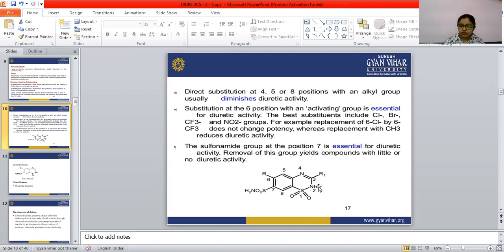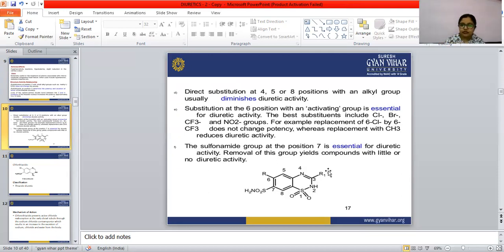If we are introducing a chloride group at the 6th position, that increases the activity. If you substitute any Cl group, Br group, CF3 group, or NO2 group, that increases the diuretic activity. But if we are substituting any methyl group, that reduces the activity.